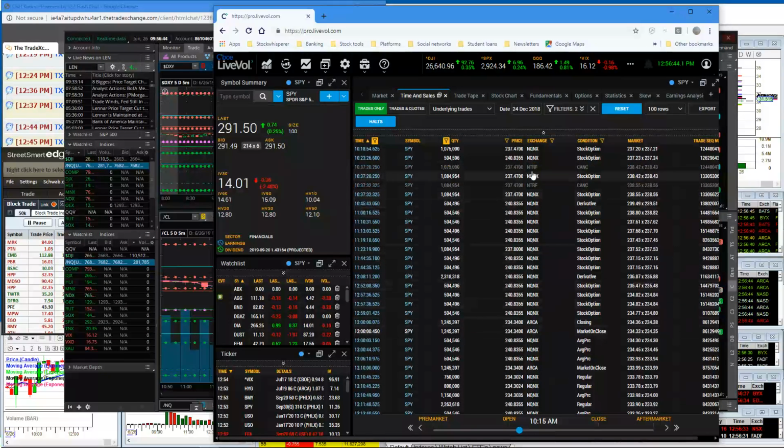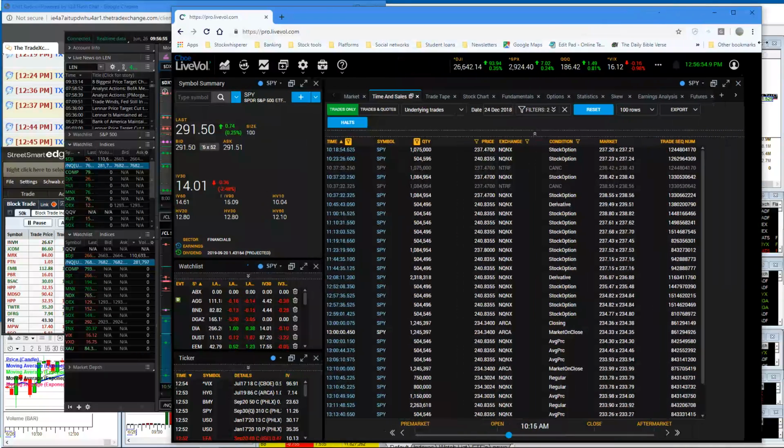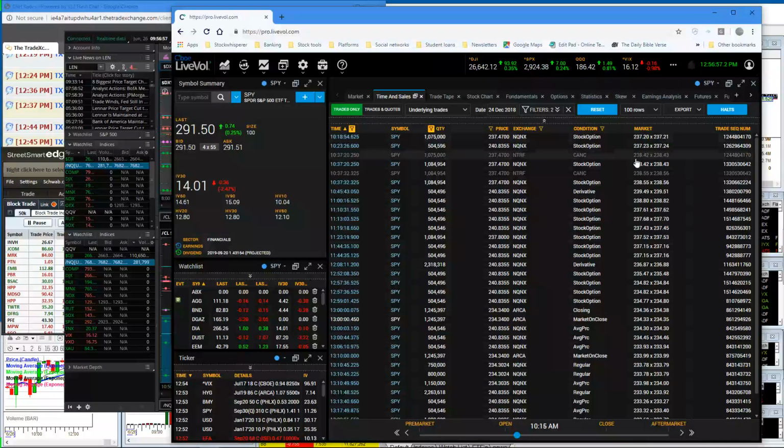It's a decent level, all at 240.83. However, we were at 237, 238. So these were still higher than 239 on December 24th. So we couldn't go long yet until we broke above that.